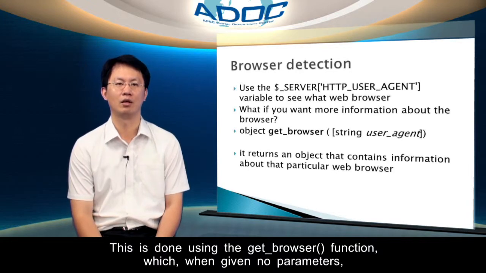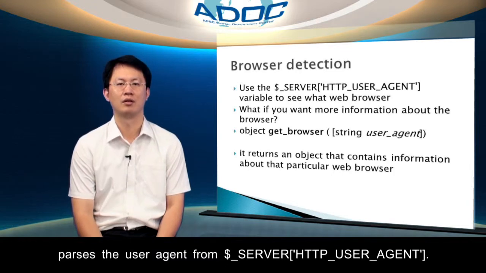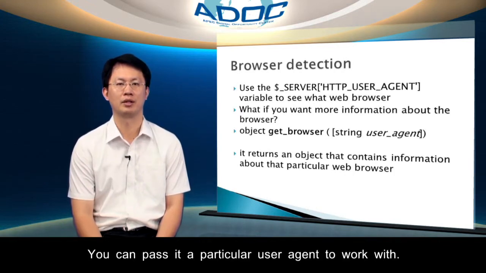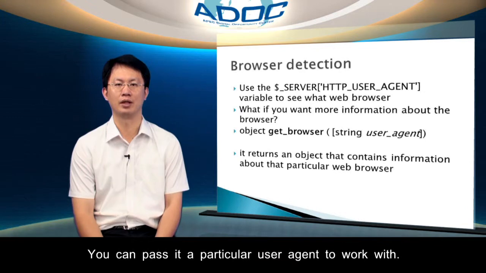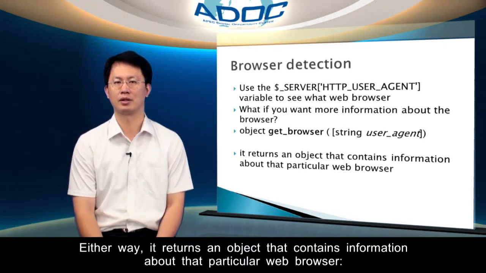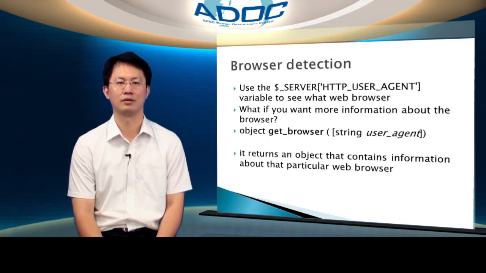which, when given no parameters, processes the user agent from $_SERVER HTTP_USER_AGENT. And you can pass it a particular user agent to work with. Either way, it returns an object that contains information about a particular web browser, what it's capable of, what version it is, and what platform it is running on.